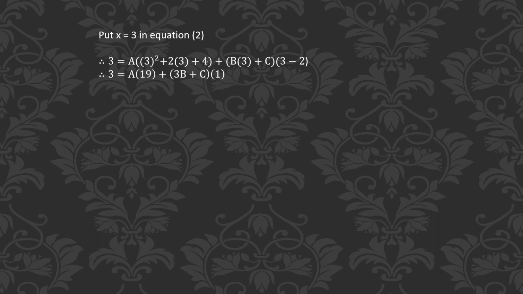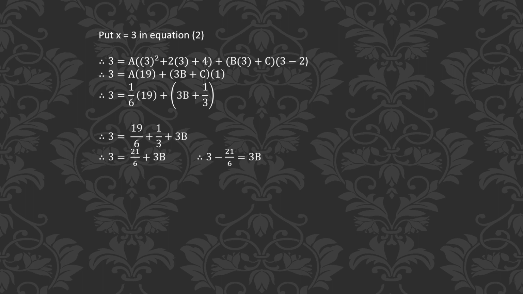So we have 3 equal to a into 19 plus 3b plus c into 1. Put the values of a and c thus obtained. So we get 3 equal to 1 upon 6 into 19 plus 3b plus 1 upon 3. Now we will simplify. 19 upon 6 plus 1 by 3 plus 3b equal to 3. So 3 equal to 21 upon 6 plus 3b. So we will simplify it to get the value of b as minus 1 upon 6.